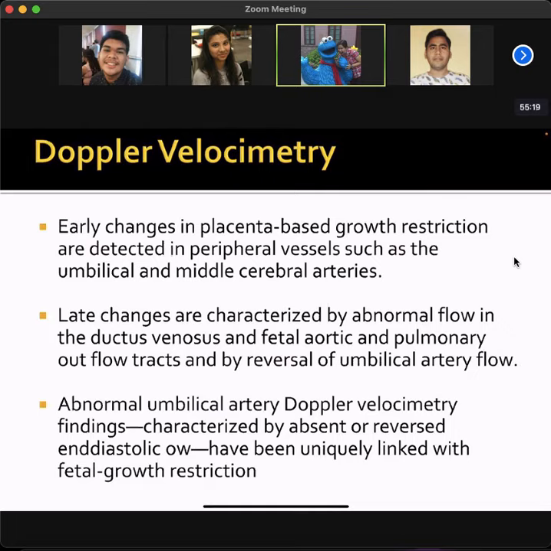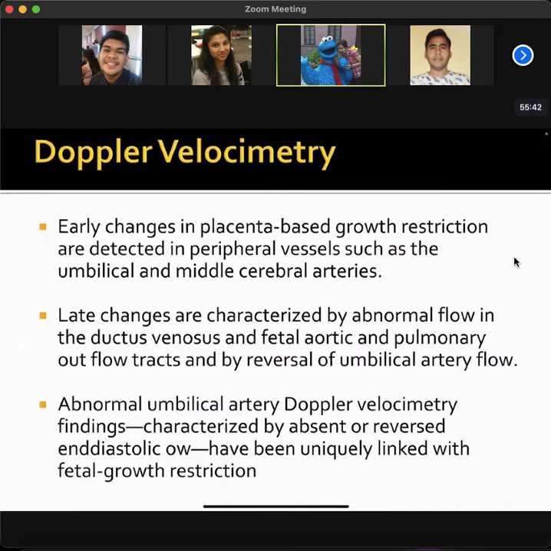So this is based on the early changes in placental-based growth restriction that are detected in the peripheral vessels. Mostly studied are the umbilical and middle cerebral arteries. Late changes are characterized by abnormal flow in the ductus venosus and fetal aortic and pulmonary outflow tracts, and by reversal of the umbilical artery flow.